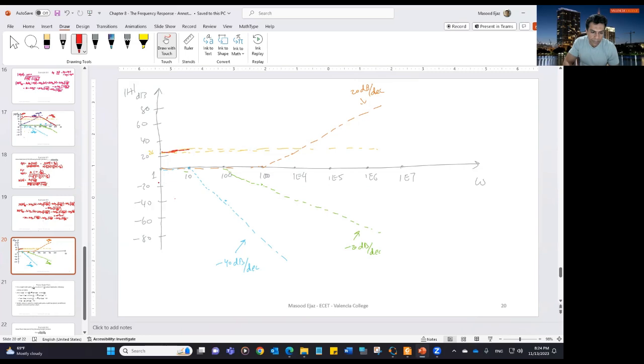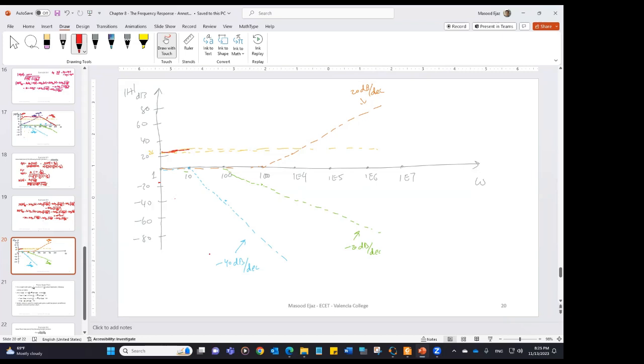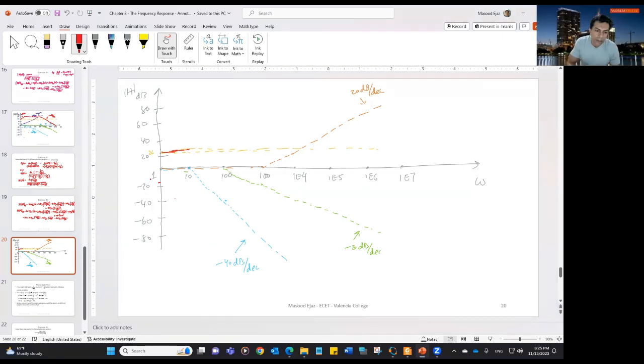So 26 minus 40. Negative 16 plus 40 is 26. Am I correct or no? Negative 14. Okay, so that's going to be negative 14, and that is at 100.